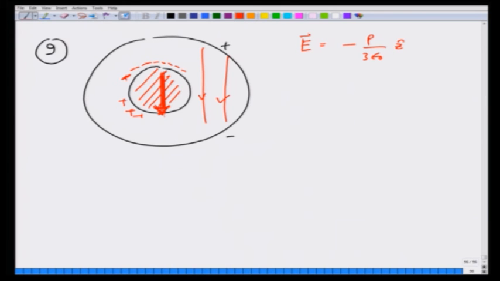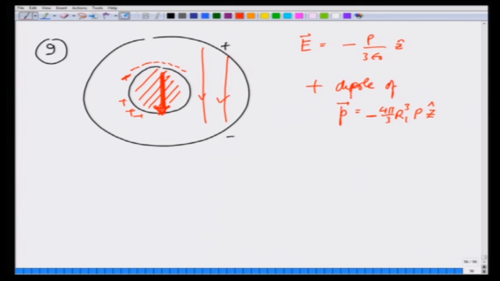and this dipole moment will give a dipole field. So, the additional field is going to be due to a dipole of dipole moment 4 pi by 3 r 1 cubed P z in the opposite direction of z.